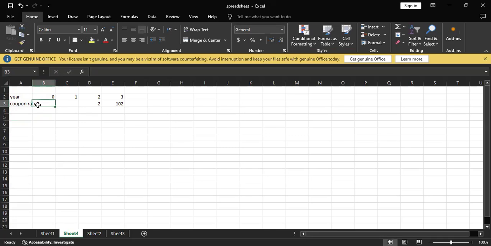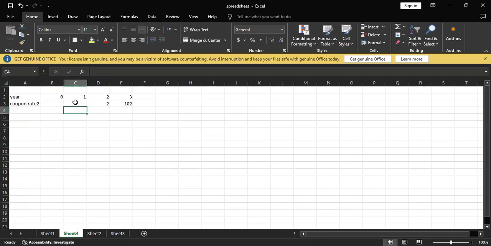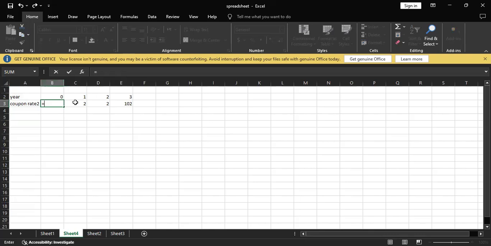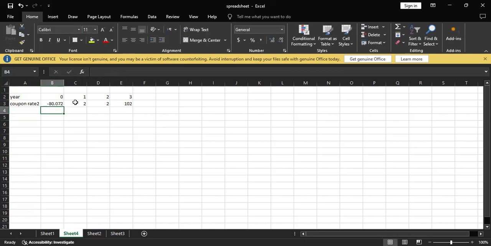In that year, what will happen? Try to understand everyone. You will place the already calculated market value. We assume on the whiteboard that the market value which was coming as 80.072. This is the market value of the bond.